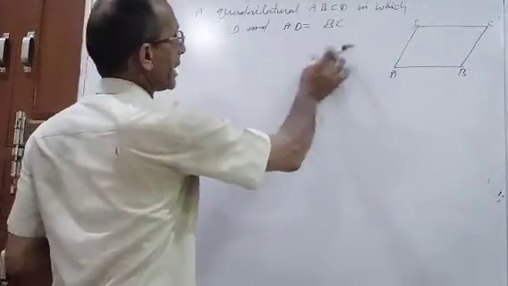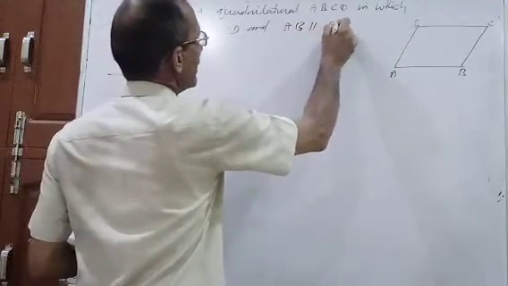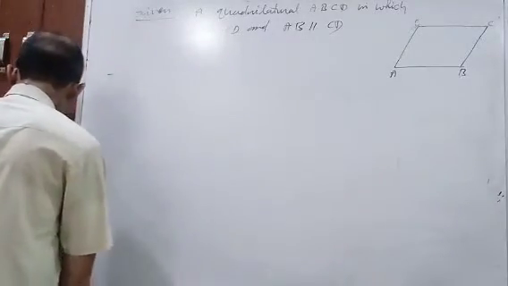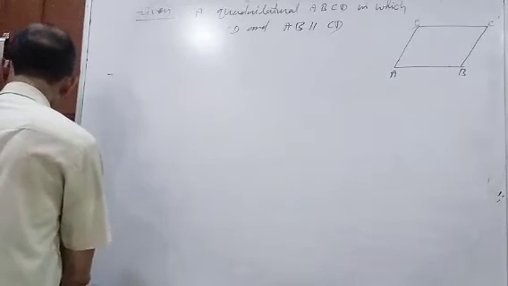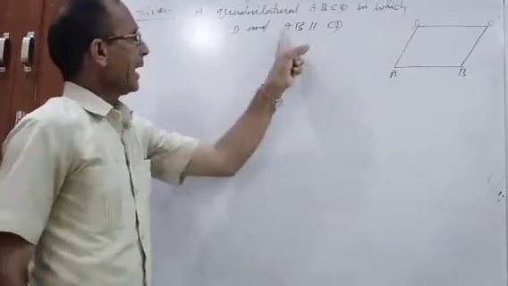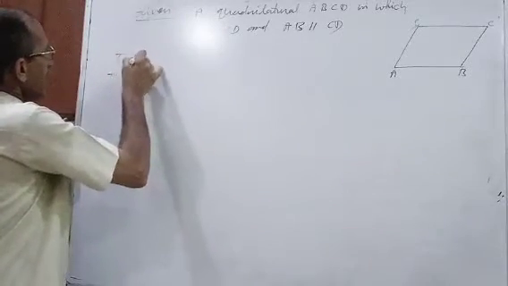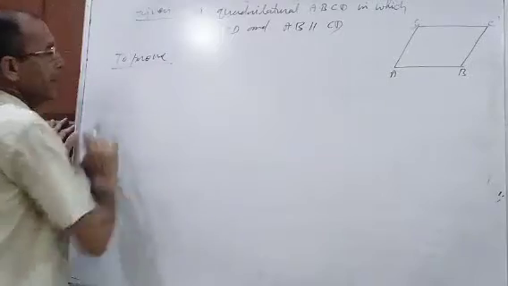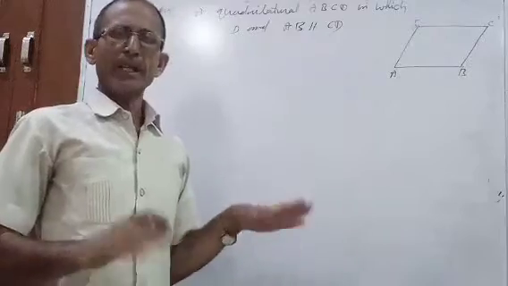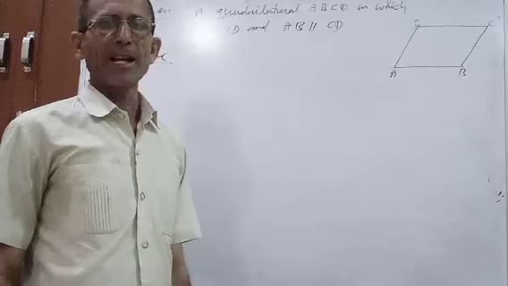AB is equal to CD and AB is parallel to CD. Only one pair, not both pairs. So what do we have to prove? We have to prove this is a parallelogram. To prove a parallelogram, it is enough to prove the opposite sides of the quadrilateral are parallel.